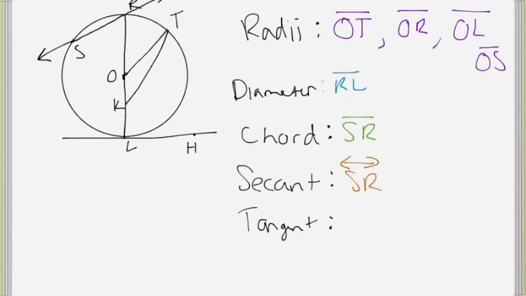HL. And a tangent, by definition, is a line, so that needs a line symbol above it. What special name would we give to point L? A point of tangency.